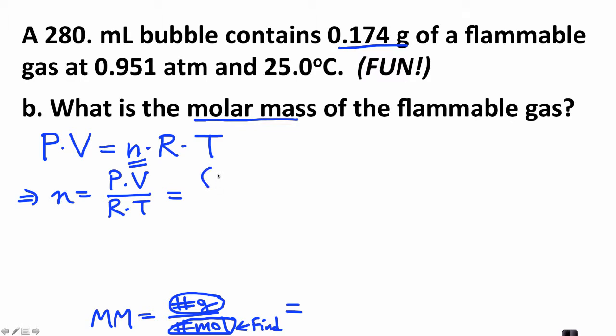The pressure is 0.951 atmospheres. The volume, in anticipation of the value for the gas constant R we use, we'll convert into units of liters, so 0.280 liters.